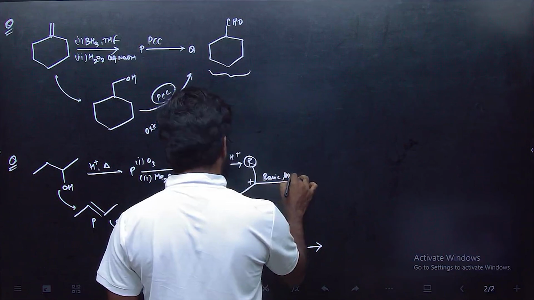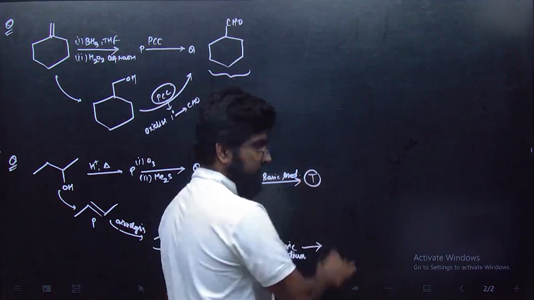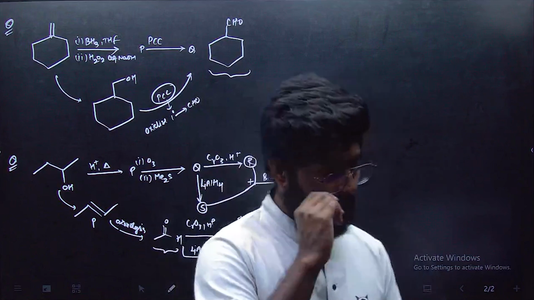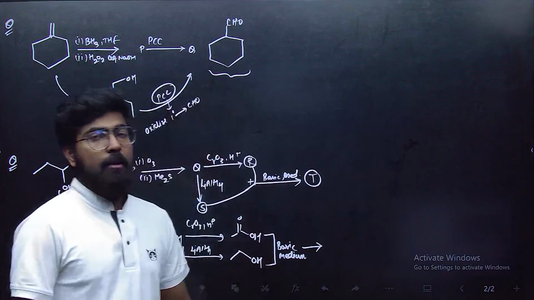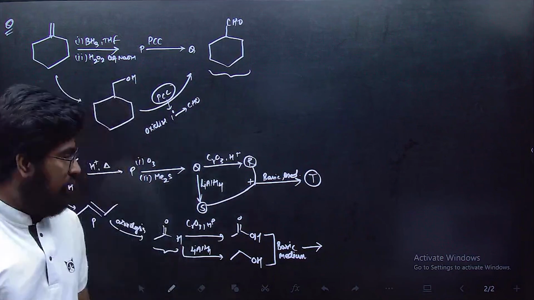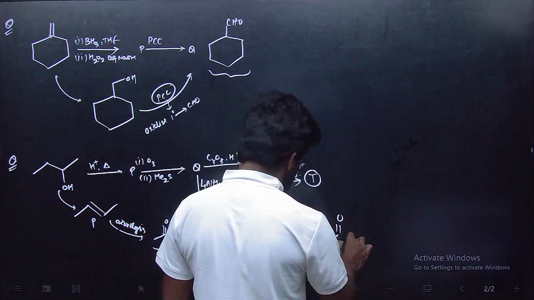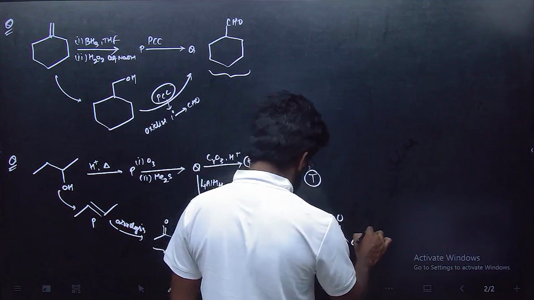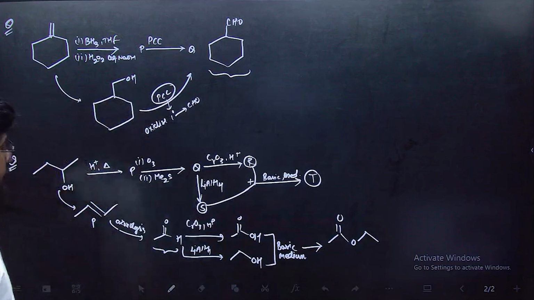Basic medium. What are you expecting as T? Very nice, Vaishali. Very nice, Manisha. So basically we know that whenever we combine an acid with an alcohol, especially aliphatic alcohol, what we get is an ester. Corresponding ester having formula CH3COOCH2CH3, right? So what you will get is this.